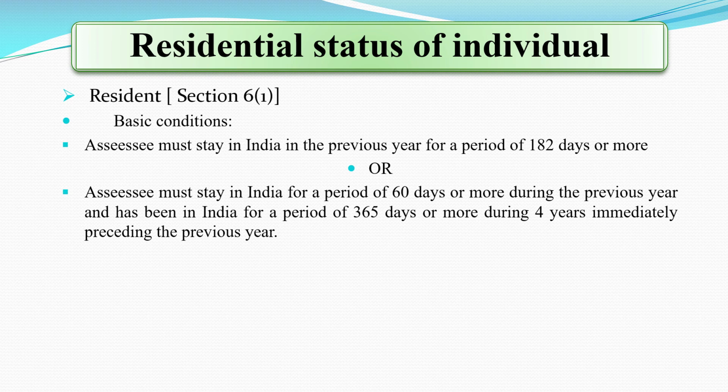Means we will check the first condition of 182 days. If that is not satisfied, then we will check whether the stay in India is 60 days or more, and then whether he was in India for not less than 365 days in the 4 years immediately preceding the previous year. If the person satisfies one of these two conditions, then he becomes a resident.